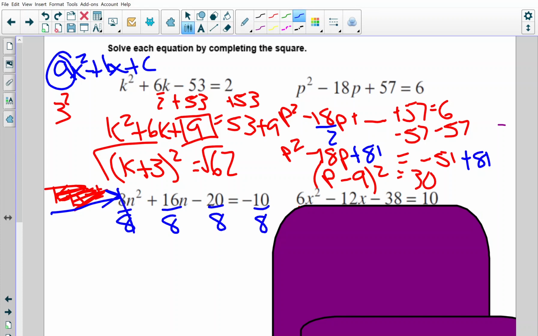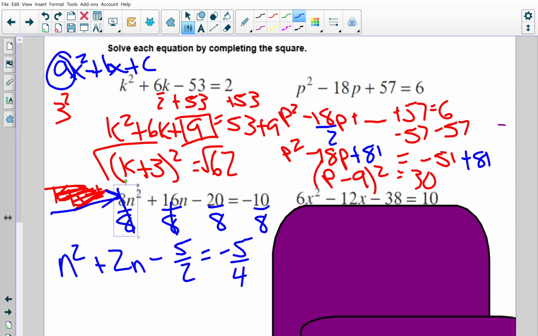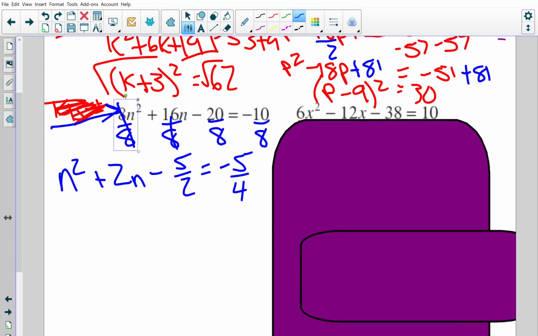Boom, that becomes n squared. Boom, that becomes 2n. Both of those next numbers are divisible by 4, so that equals 5 halves. Both of the next numbers are divisible by 2, which means it's 5 fourths. Now you just follow the same recipe.